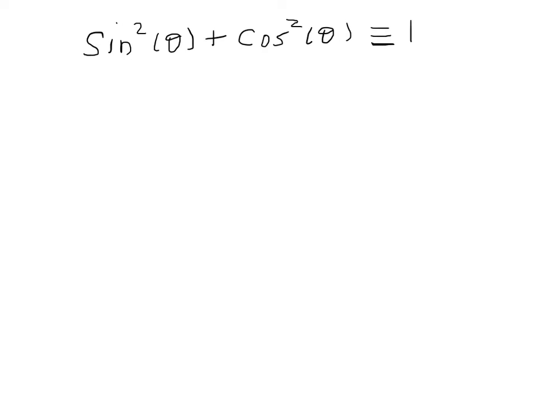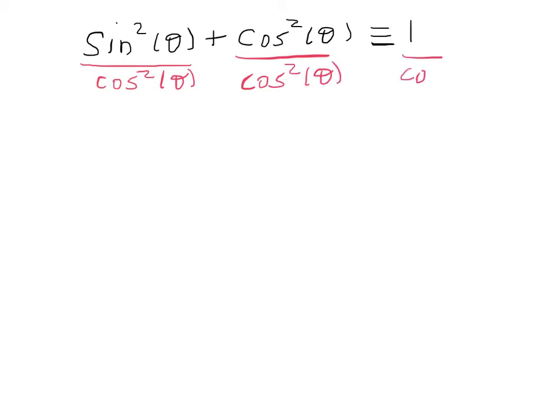We can actually get another identity from this very quickly. All we're going to do is divide everything by cos squared, just like this. And now what do you notice? Sine squared theta over cos squared theta is the same as tan squared of theta.